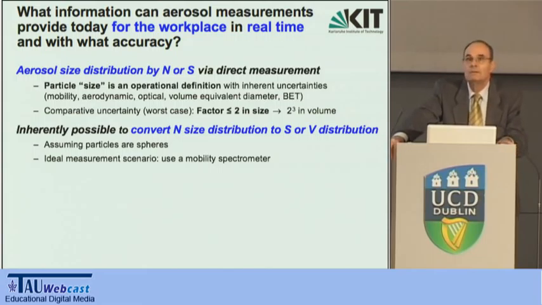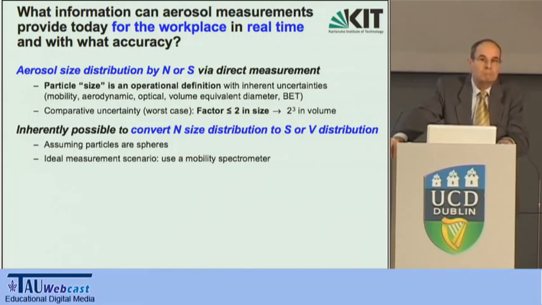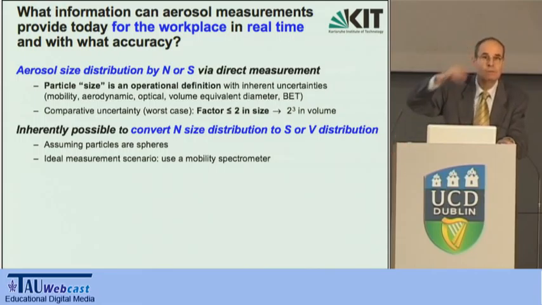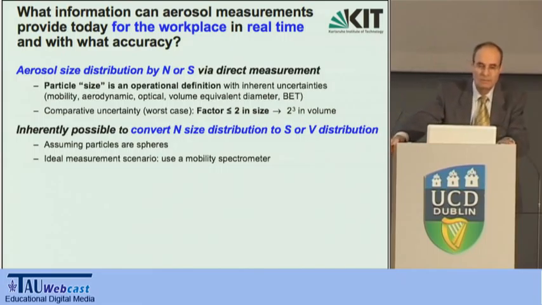So for me, the best possible scenario if you want to do workplace measurements is take a highly resolving size spectrometer, measure your size distributions there, convert them later on, if you will, to surface area or volume, and you have, within a certain range of uncertainty, a lot of information available about your aerosol. You can also tell whether it's multimodal, you can say whether there's more than one source, and so on.